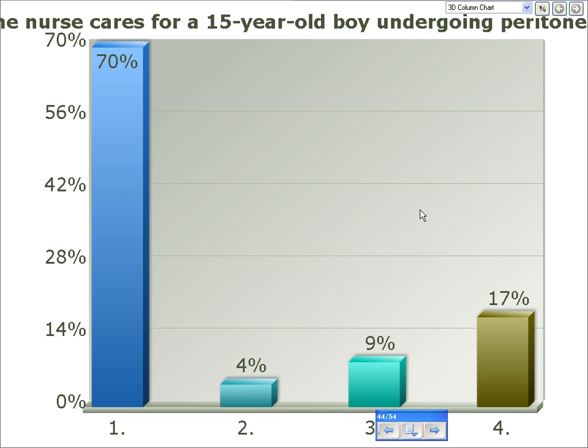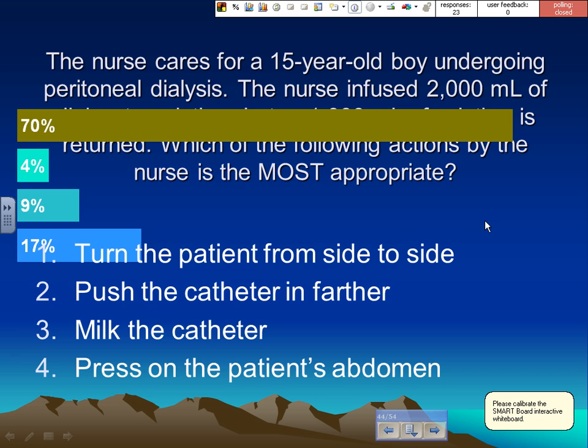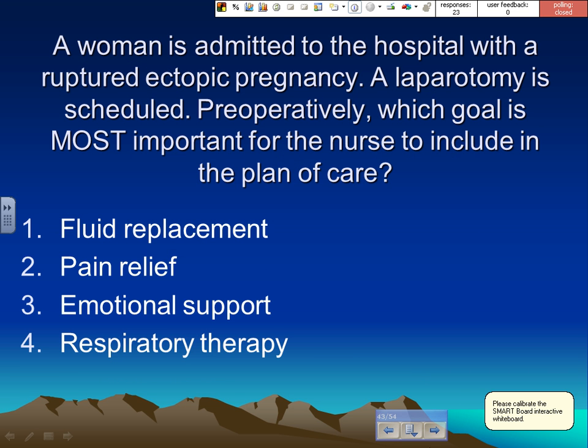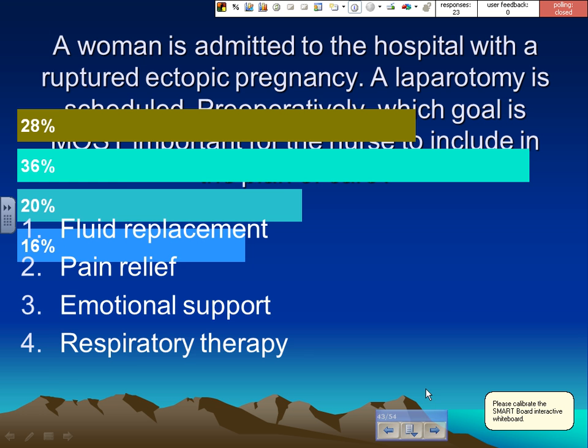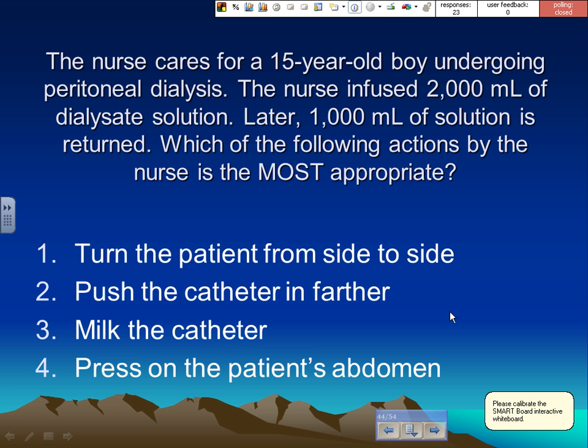Okay, 70% said turn from side to side, 4% push the catheter in farther, 9% milk the catheter, 17% press on the patient's abdomen. So what we want to look at here in NCLEX land, one of the things that they always want you to do, if it is effective, is do the least invasive approach first, if it can meet your goal and solve your problem.